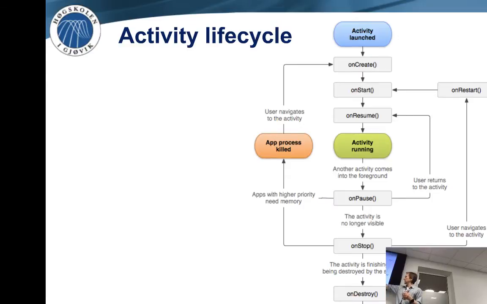And if you free stuff from here, onDestroy will be less likely to be called if you're occupying very little memory, right? If you're occupying a lot of memory, the operating system will kill you first if it needs some RAM. Because it says, oh, if I kill that activity, which is currently not used, I gain, you know, 4 gig, right? Let's do that.